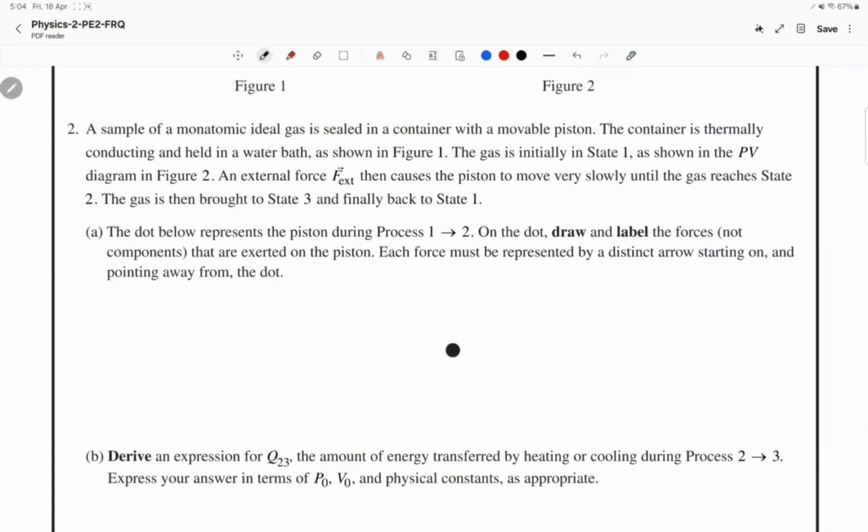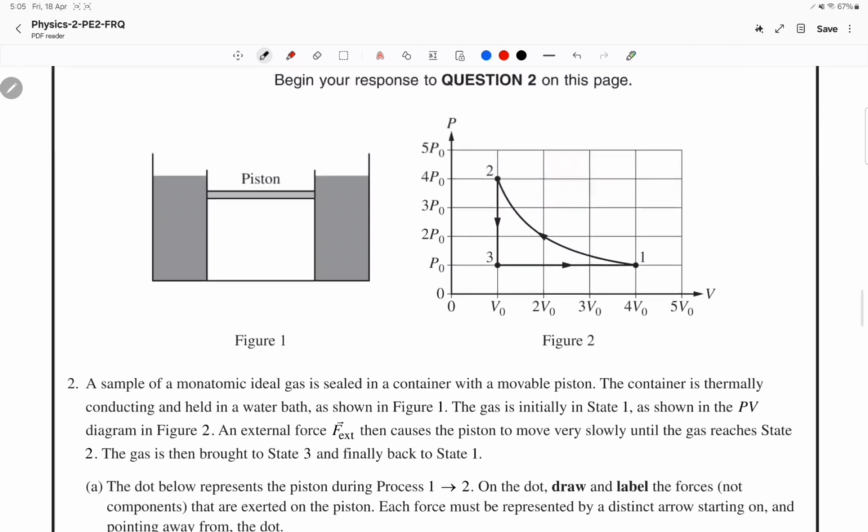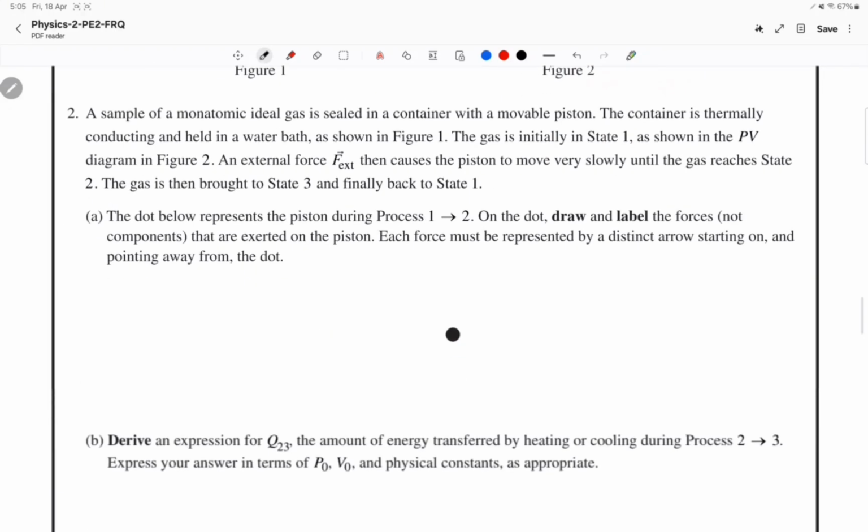On the dot, draw and label the forces, not components, that are exerted on the piston. So what are the forces that are happening? One is going up. The gas is in the piston, right? Yeah. And the gas always pushes up.